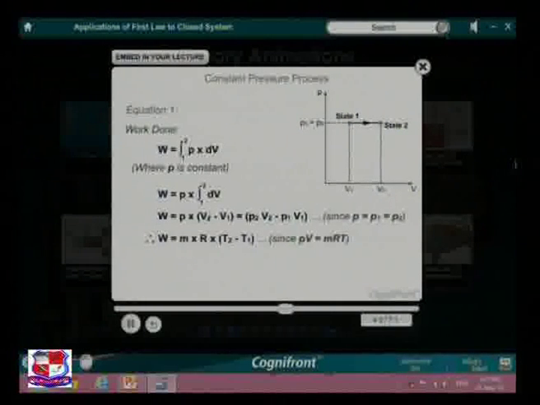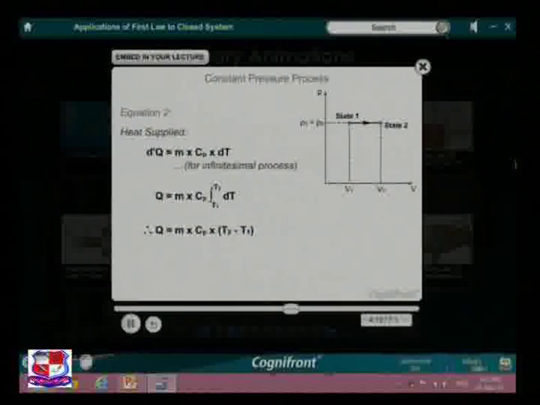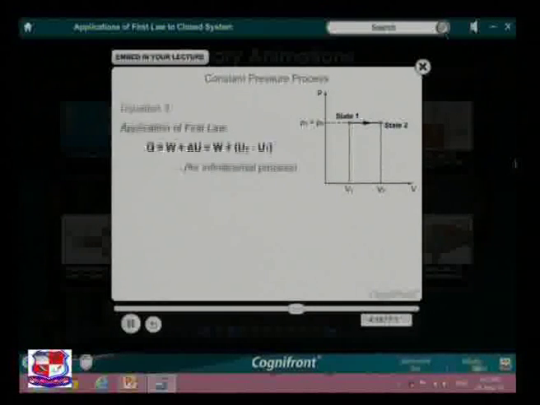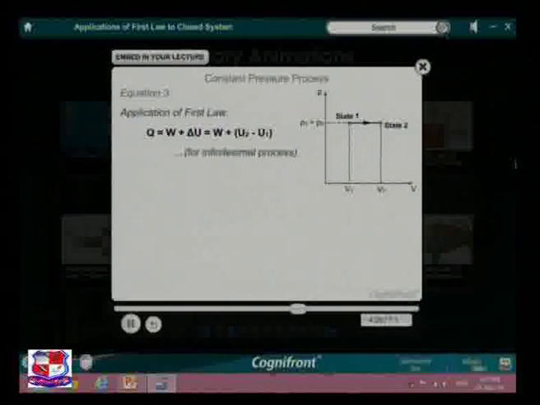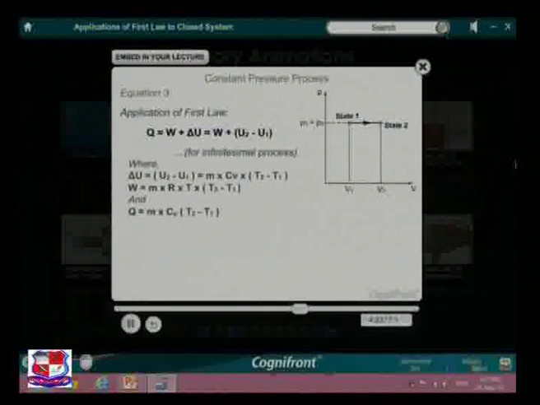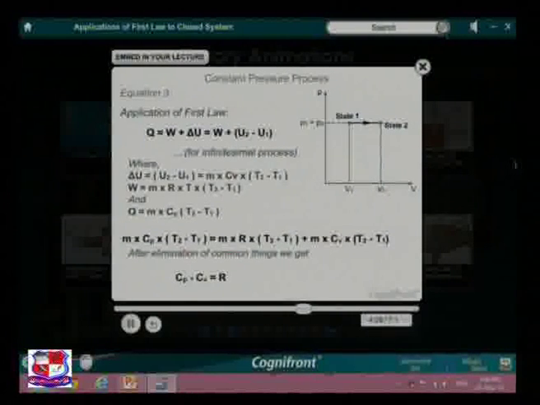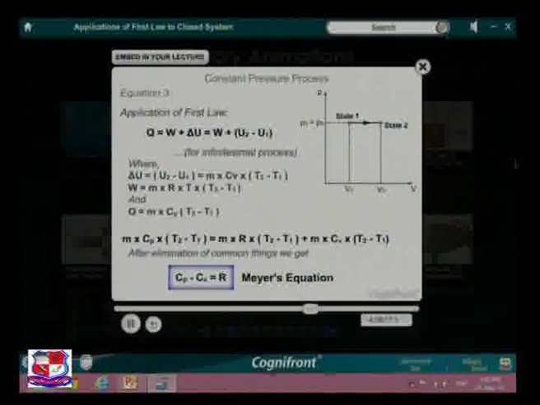So the work done can be expressed as. Heat supplied in this process can be given as. Now, by applying the first law, where we have, after putting all the values in the above equation, we get, this equation is known as Mayer's equation.